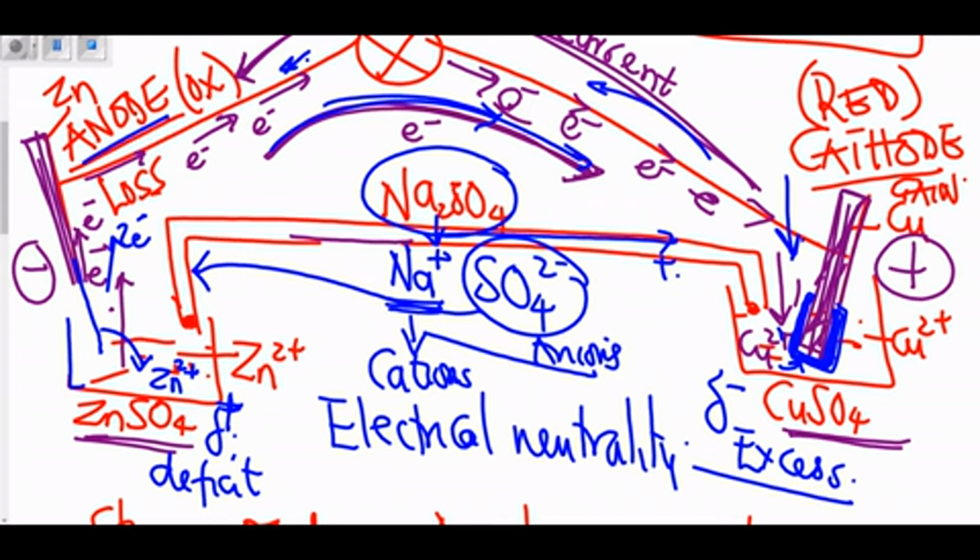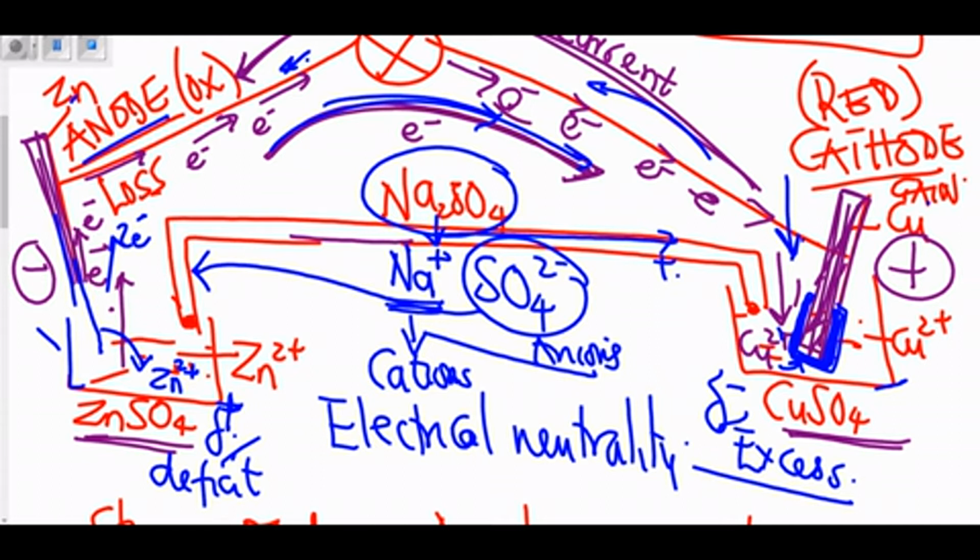This is the anode. The zinc loses mass. The copper gains mass because of reduction, and there's oxidation, partially positive, partially negative. The salt bridge cations and anions migrate to balance. And if you notice, this is your galvanic cell.